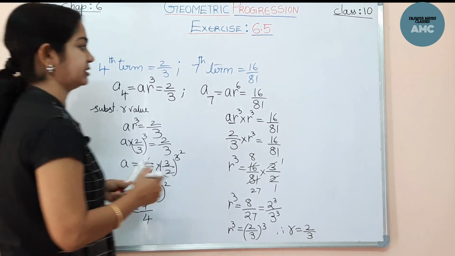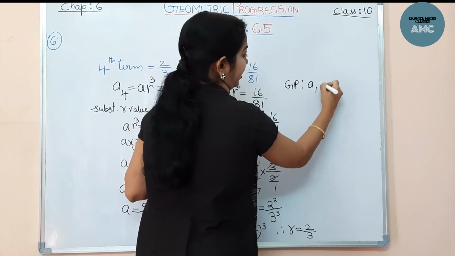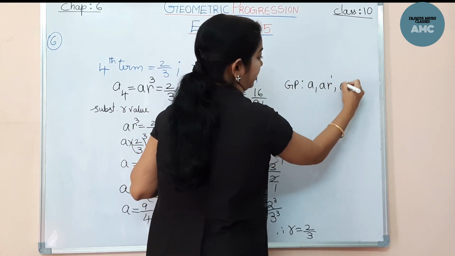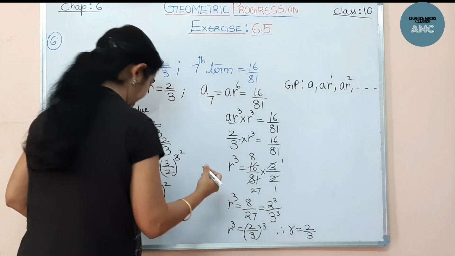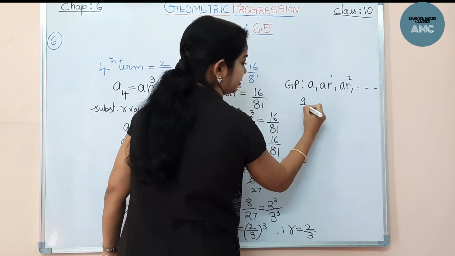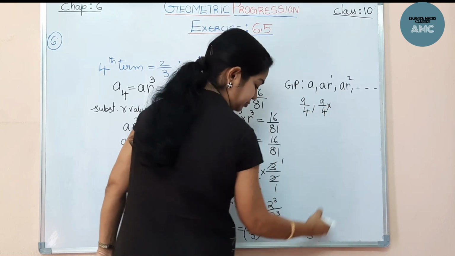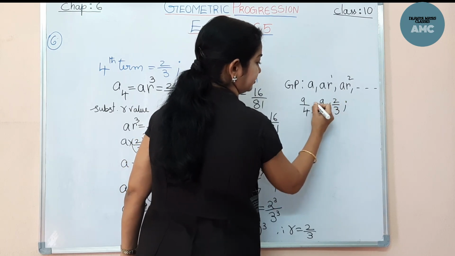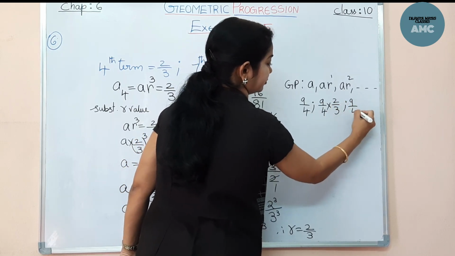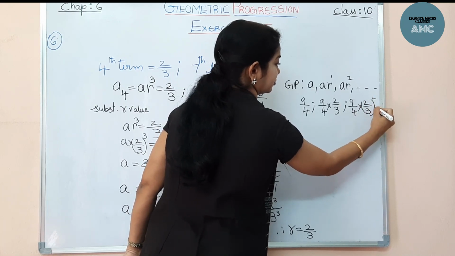Let's form the series. Now the series of GP is A, AR, AR square, and so on. So we'll just substitute it. The A value is 9 by 4, the first term. The second term is 9 by 4 into the R value 2 by 3. Now the third term is 9 by 4 into 2 by 3 whole square, and so on.